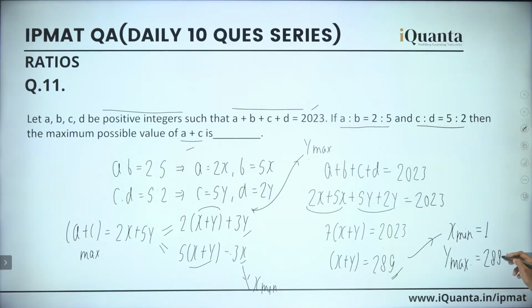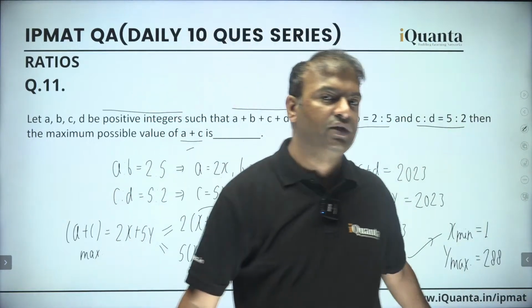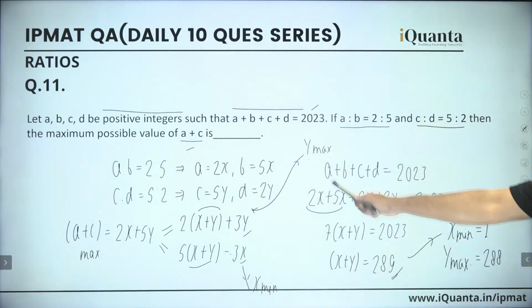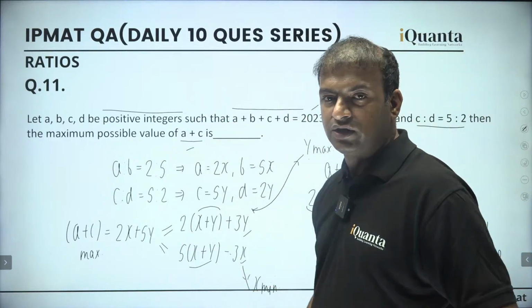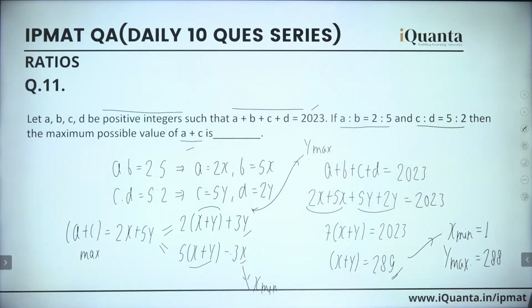Simple as that, right? Since x and y are natural numbers. If this was not given, then we would not be able to solve this question, right? Because this is given, we can solve this question surely.